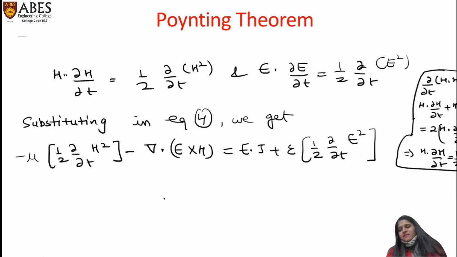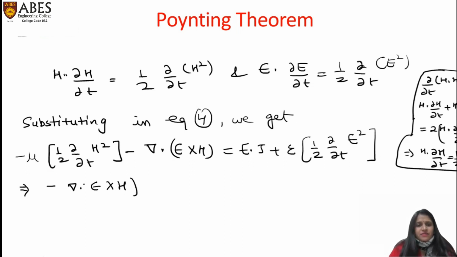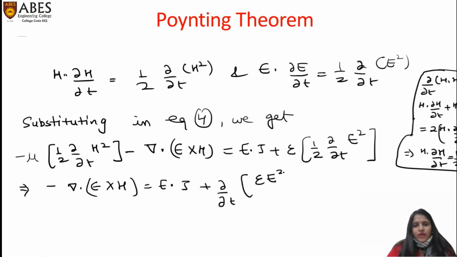Okay. Then now what is required is we can rearrange this equation. If I rearrange this equation, I can write it as minus del dot E cross H is equal to E dot J plus del by del T, taking common, epsilon E square by 2 plus mu H square by 2.